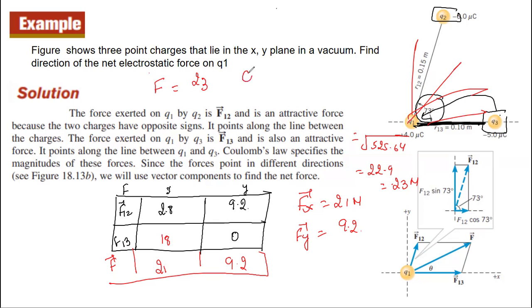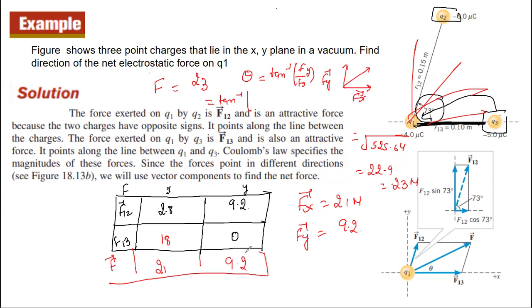If you know the total x component of your force and the total y component of your force, you can find in which direction your resultant vector will be. The theta you can find by using this formula, which is tan inverse of Fy upon Fx.